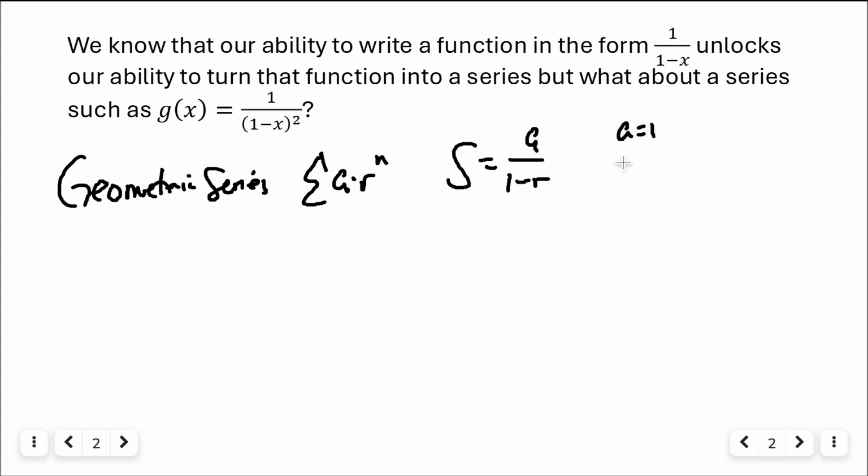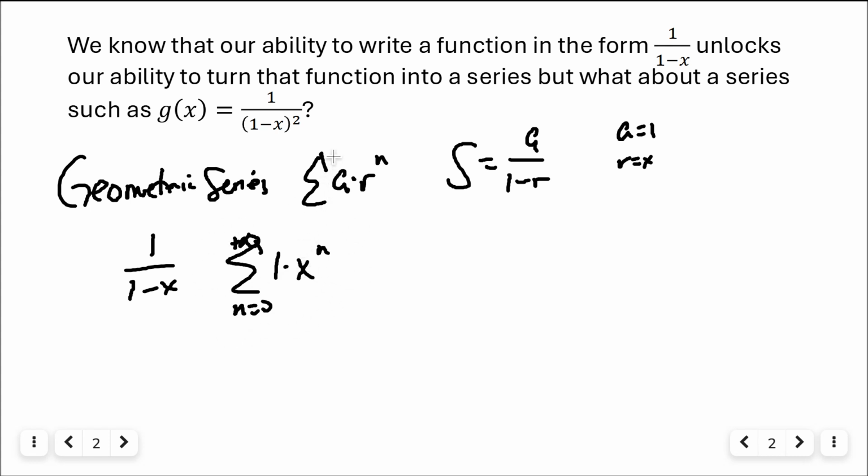If a is 1 and r is x, then that would give me 1 over 1 minus x, which I could then write in this series form, 1 times x to the n, with n equals 0 to infinity. So that would be my series there.